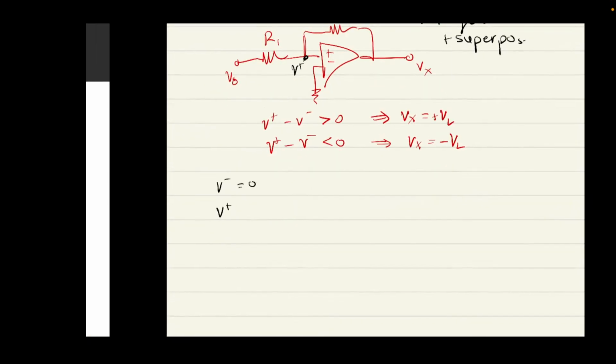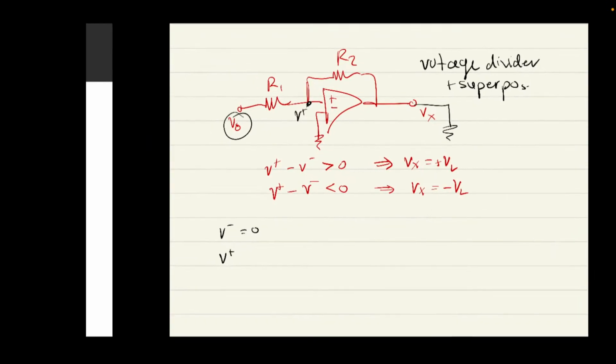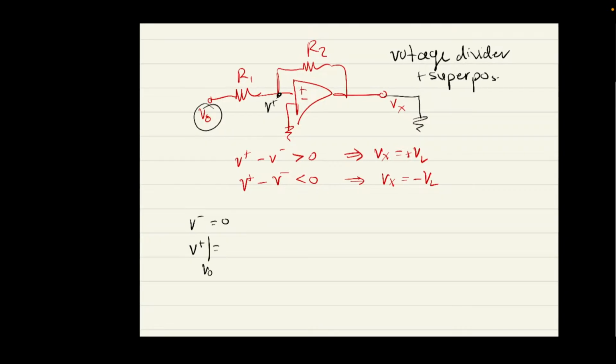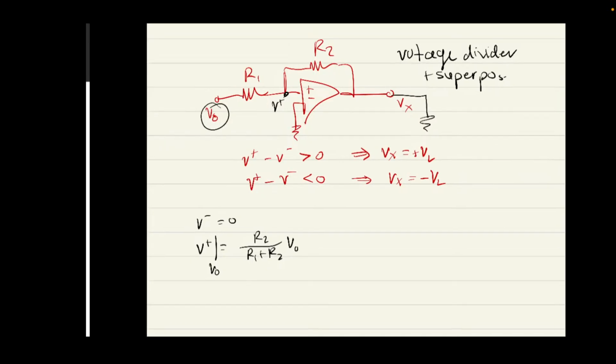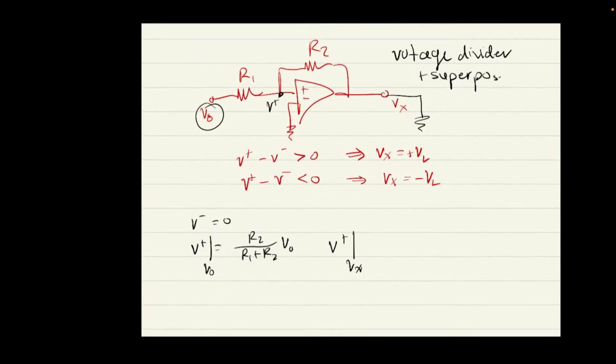So the first thing we do is consider this VO by itself and suppose that Vx is grounded. So just ignore Vx. V plus due to VO is going to be R2 on R1 plus R2 times VO. This is just voltage divider, right? And similarly, V plus due to Vx, we can figure that out by ignoring VO and just considering Vx.